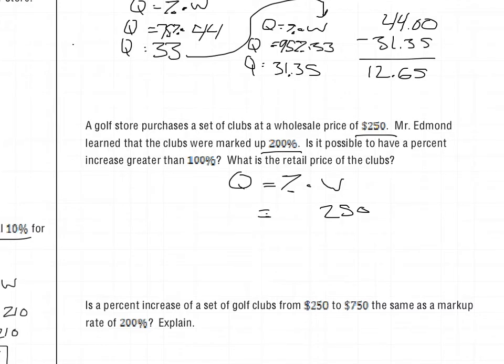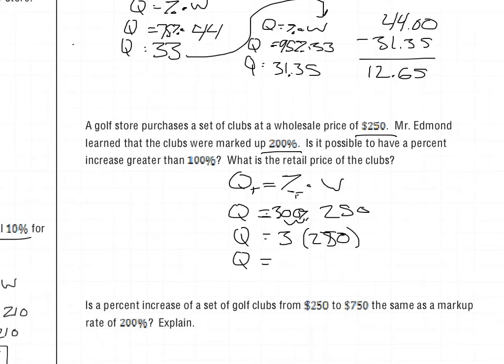So our final cost on this one is going to be 300% of the quantity, which as we change this to a decimal, makes us recognize we're going to pay 3 times as much as the original price. 3 times 250 gives us the retail price of $750.